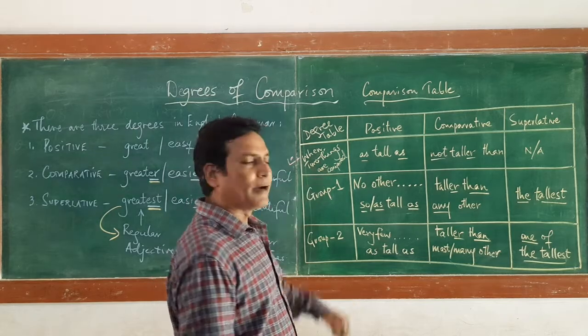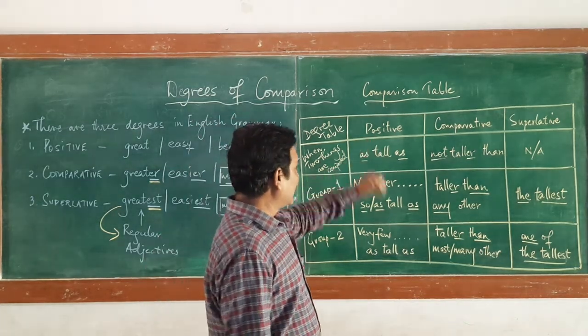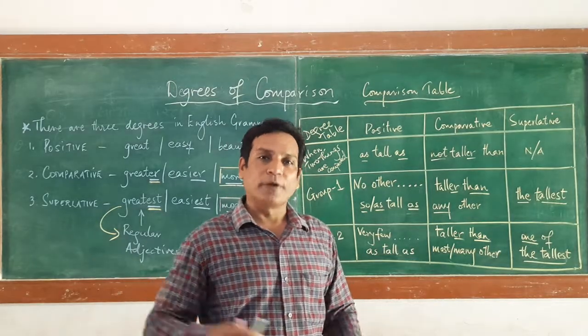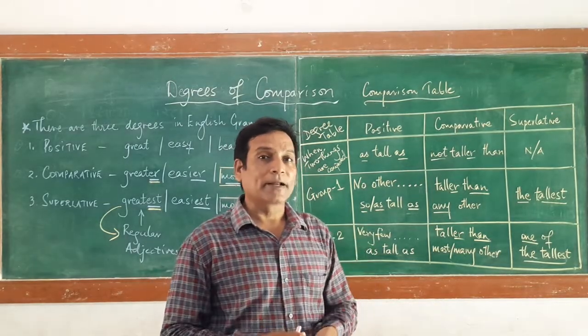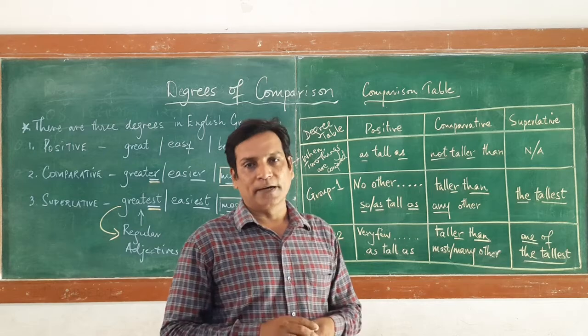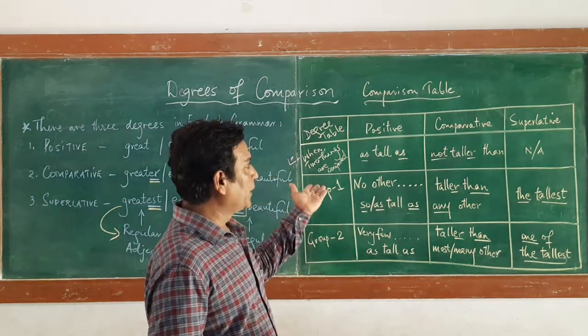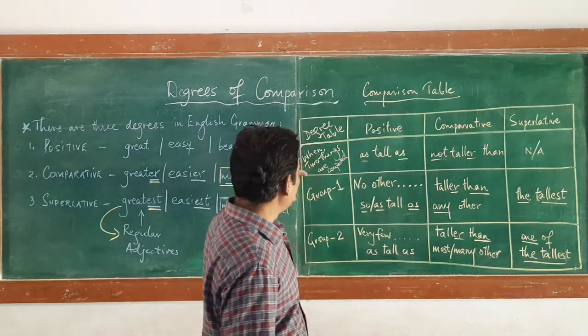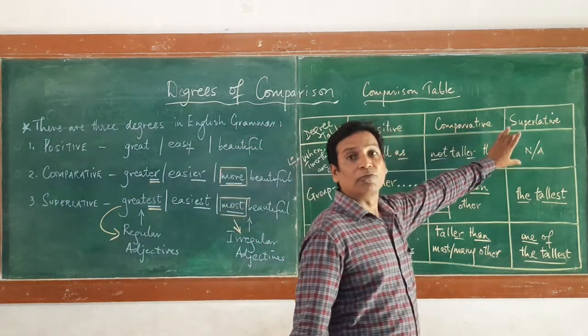Now when two things are compared, for example, Mahesh is as tall as Suresh. Here how many people are compared? Two boys are compared. So if I want to turn it into a comparative degree, then I will just focus on this particular table, the first one.